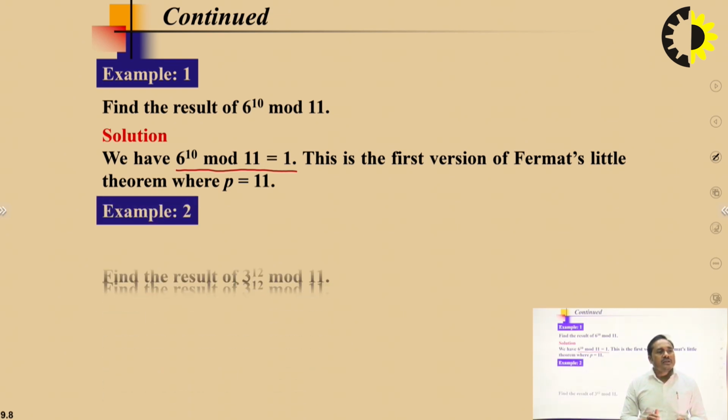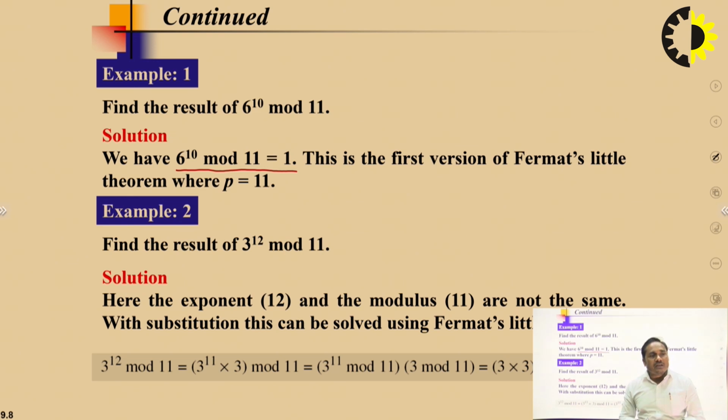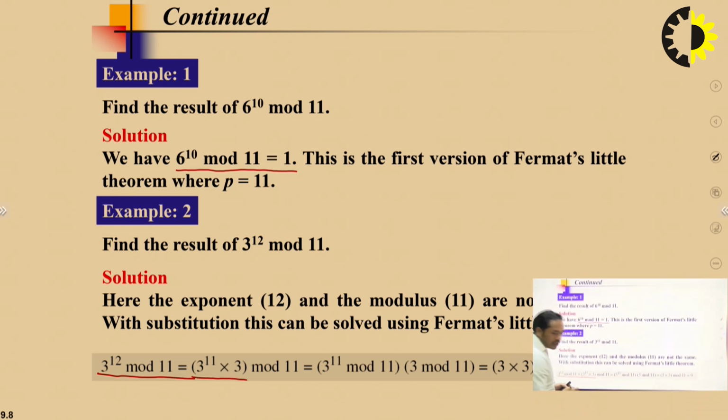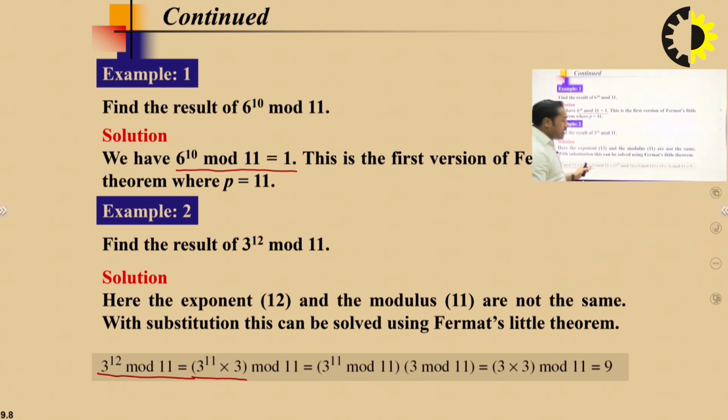Now, in the second question, you can solve the value of 3 raised to power 12 mod 11. Because 12 is bigger than 11, we will convert the exponent 12 in respect of 11. So 3 raised to power 12 mod 11 you can write in this form: 3 to the power 11 into 3, mod 11.